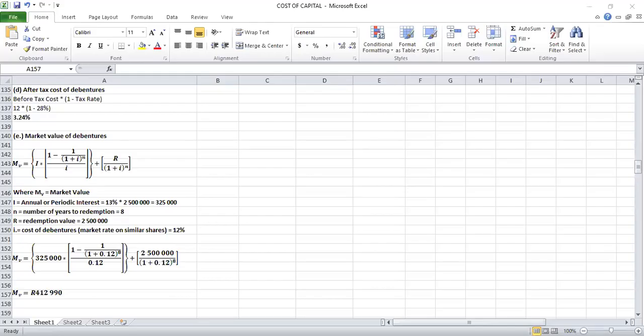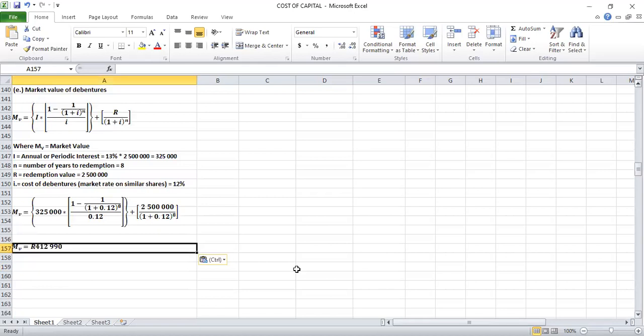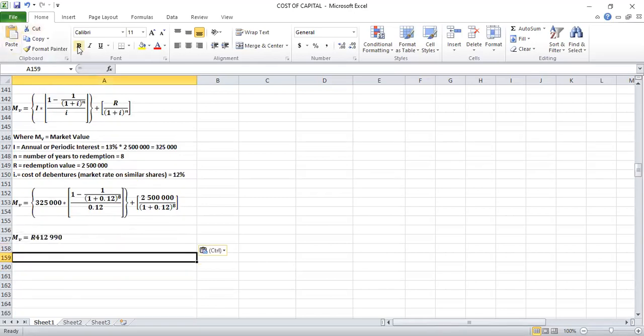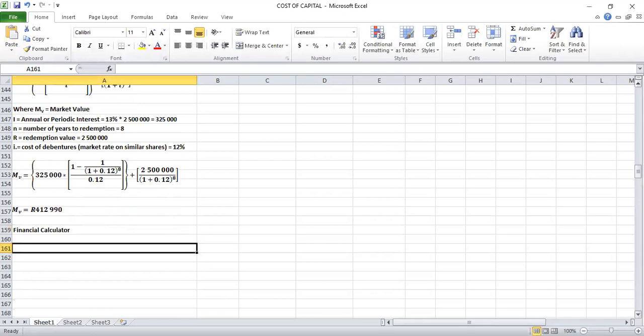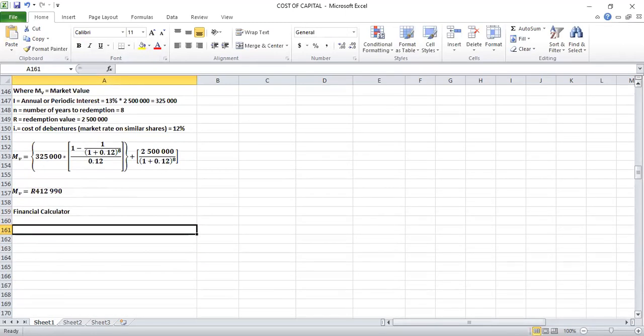Right. So here, if we're using a financial calculator, I'll just show you the parameters, then you can try to do it. Then I can calculate using Excel. Your PMT would be the annual interest, which is equal to the 325,000.